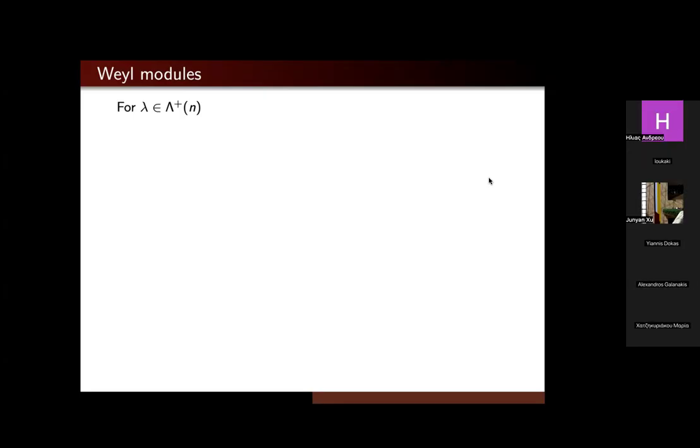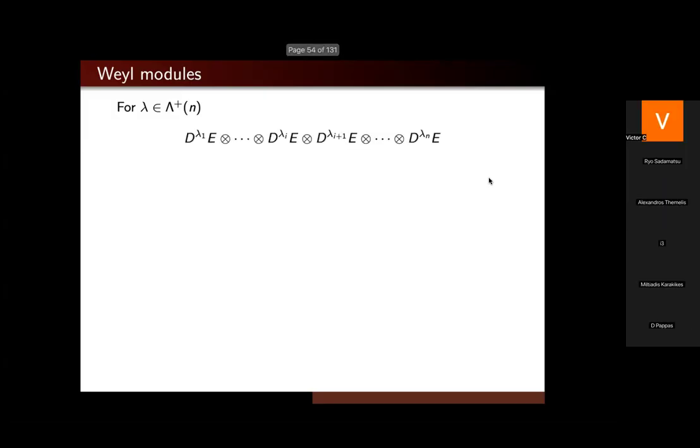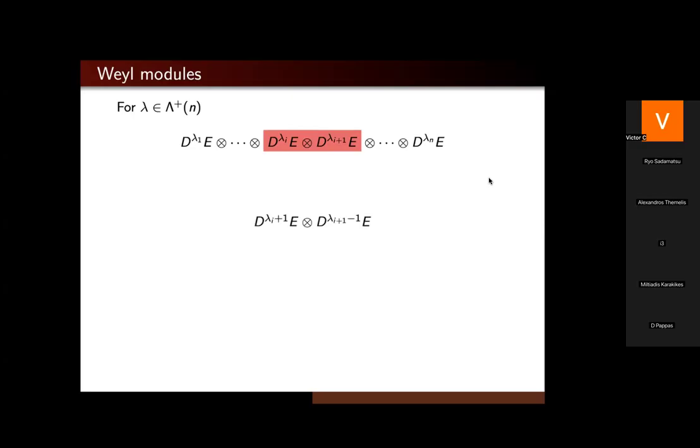So I'm taking a partition which has at most n parts. This time I don't think exterior powers. I think tensor products of divided powers. I again isolate a consecutive pair here, and I will play the same game. The divided power algebra is a Hopf algebra, so I have splitting and merging. I have this factory available, so I can use it. First, I have to do the same thing.